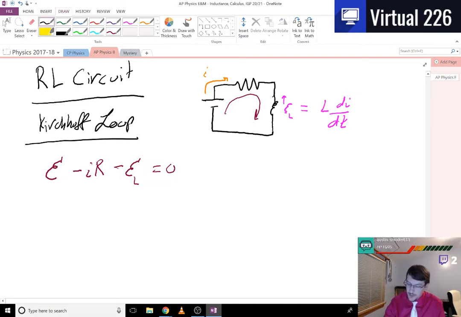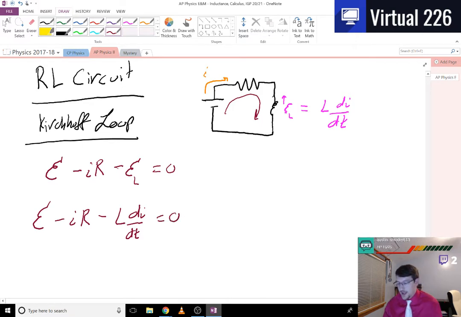Rewriting this, we're going to have epsilon minus IR minus L dI/dt equals 0. And we don't get the minus of the minus from the equation because we've set up the circuit correctly itself.